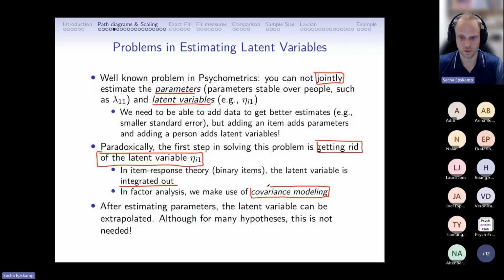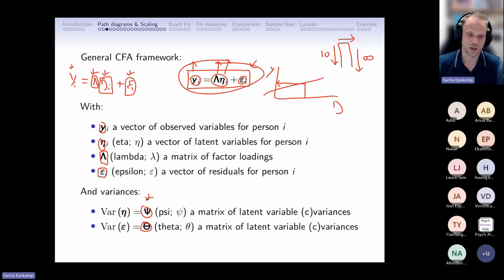We make use of covariance modeling, which basically means that we look at the marginal distribution after taking into account the latent variable. So instead of trying to estimate the latent variable, we try to estimate the variances and look at how the variance of the latent variable impacts the variance of our observed data set.